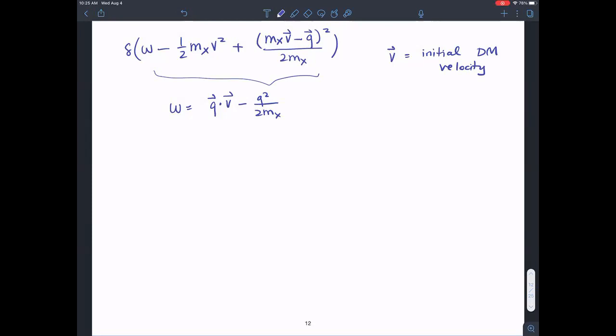There's one way to view this, which is important, which is that this Q dot V is at most QV.